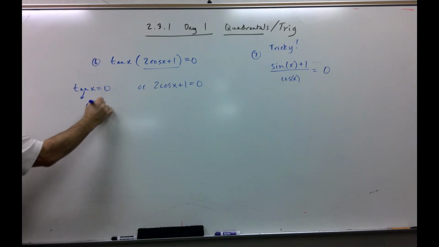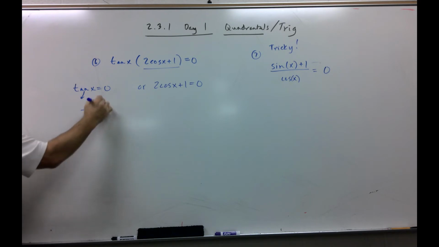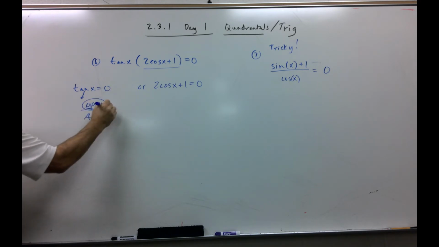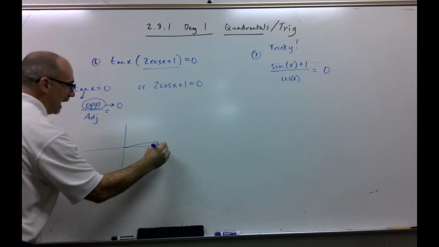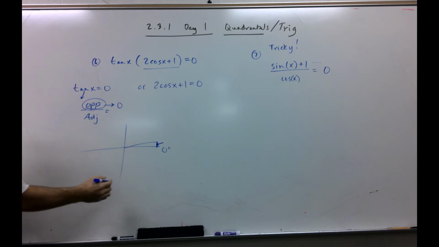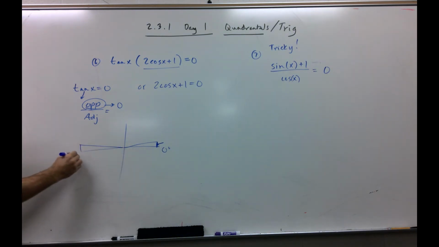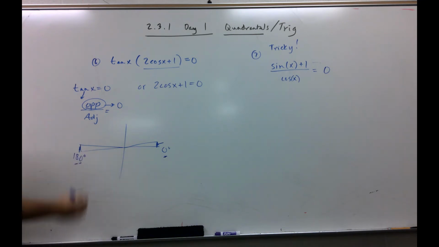Tangent by definition is opposite over adjacent. Remember, in order for a fraction to equal 0, the numerator has to be 0. And we just did this where the opposite side at 0 degrees is 0, and then 180. So there's 2 of my answers because that's where the opposite side disappears.